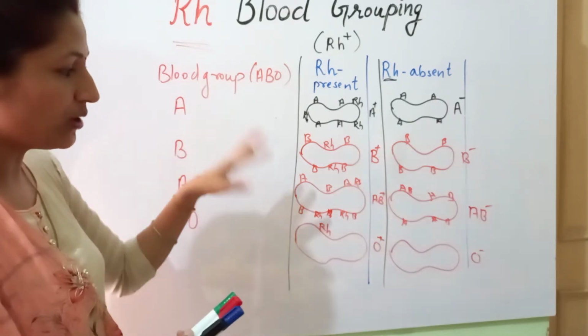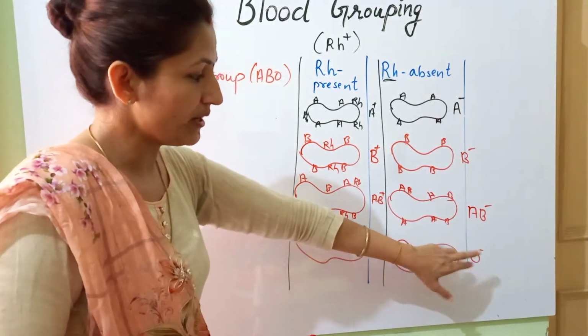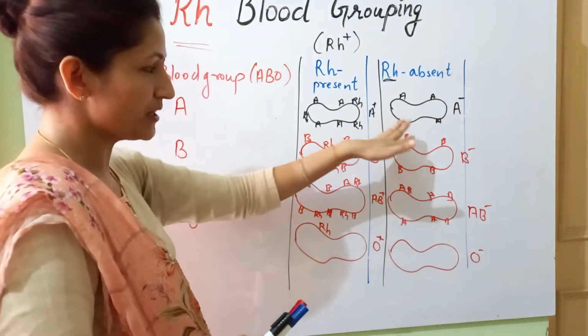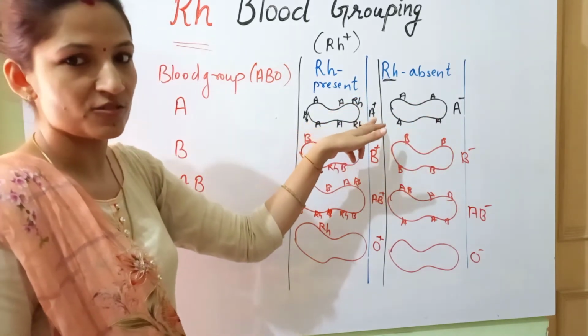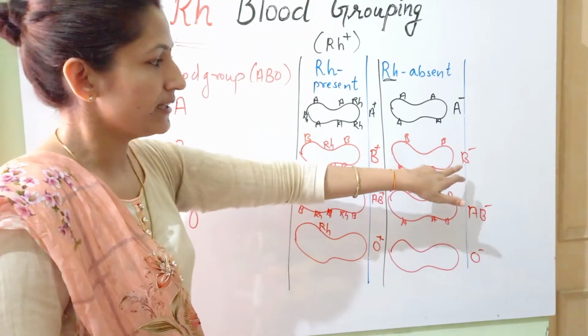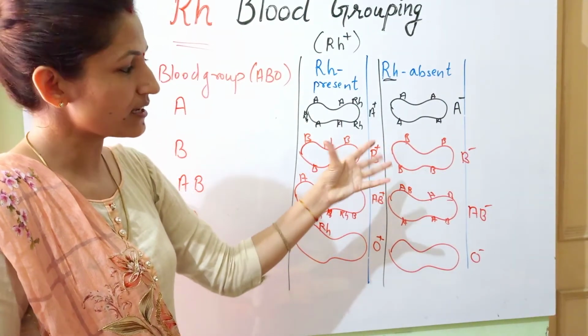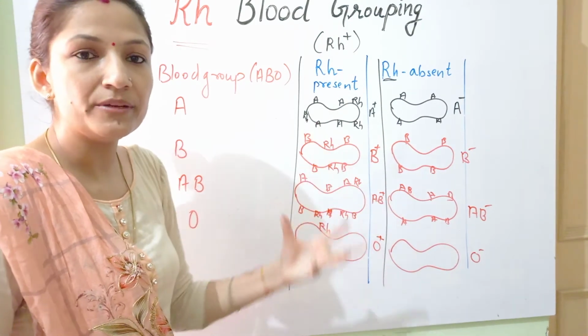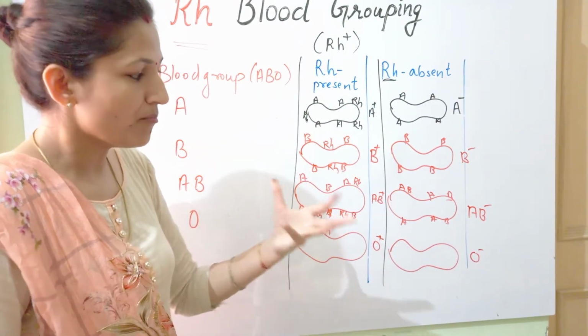Okay, so in that way, a person who is having A negative will not take the blood from the A positive person. In that way, the negative person will not take the blood from the positive one. So in that case, the compatibility during the transfusion of the blood is matched.